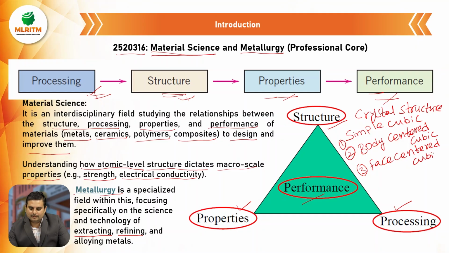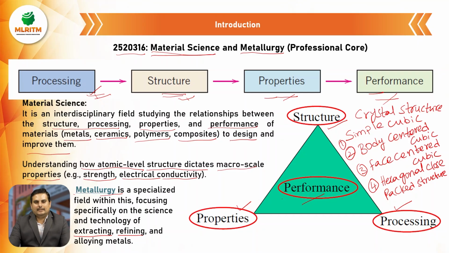And the fourth one we have the hexagonal close packed structure. Along with this, we have other varieties of crystal structures. However, in our engineering materials, most of the materials will consist of BCC, that is body centered cubic, face centered cubic, and hexagonal close packed structures.